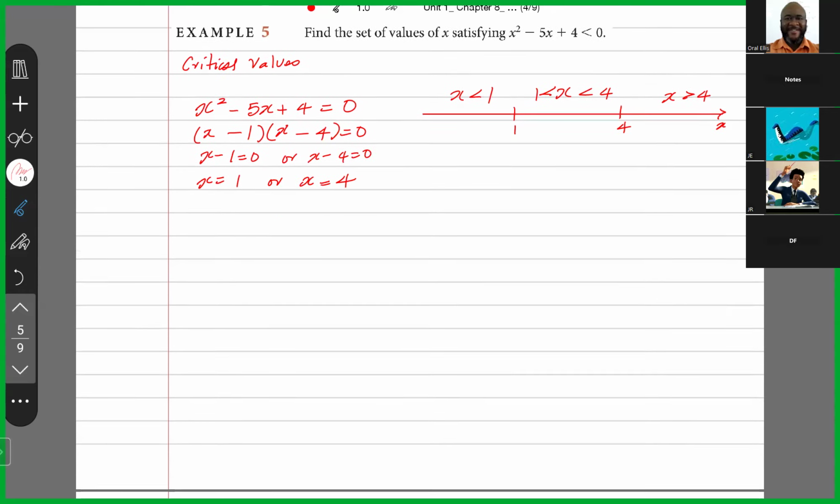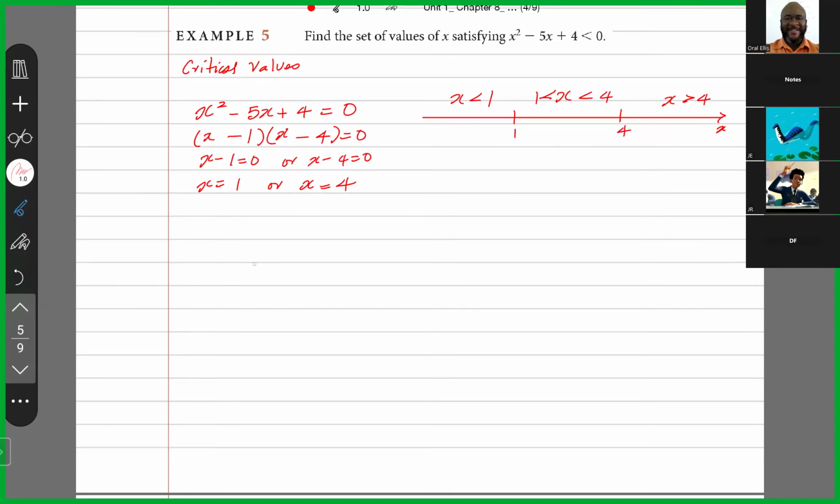Then now I'm going to draw a sign table. So in my sign table, I'm going to have my values of x. So I have the region where x is less than 1, where x is less than 4 but greater than 1, and where x is greater than 4. All right, this is a sign table.